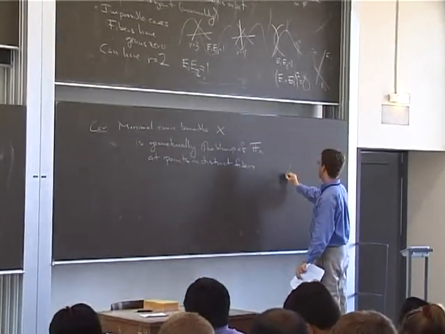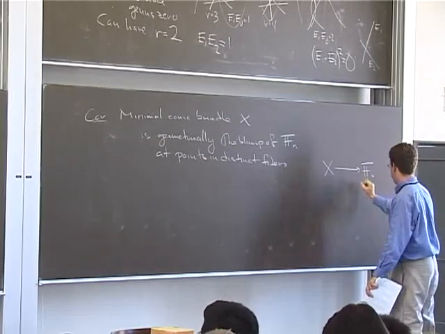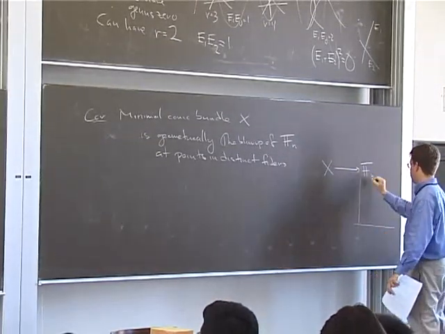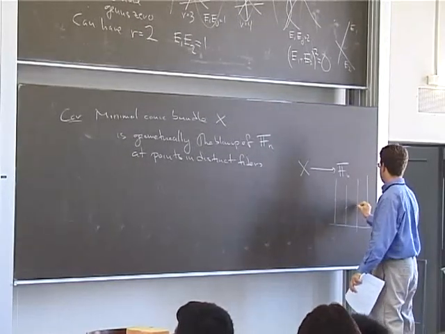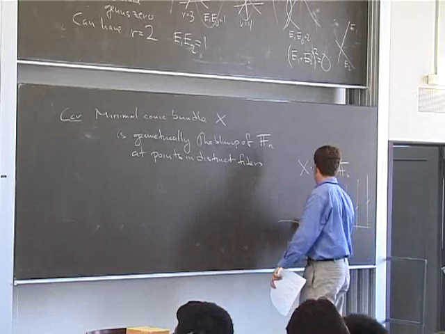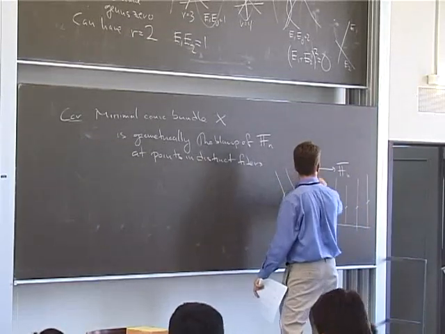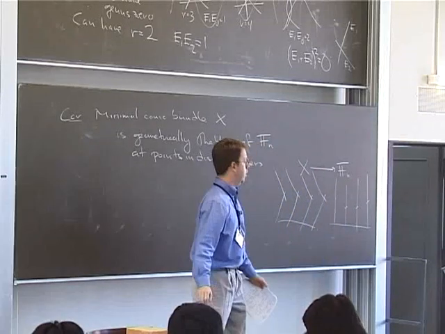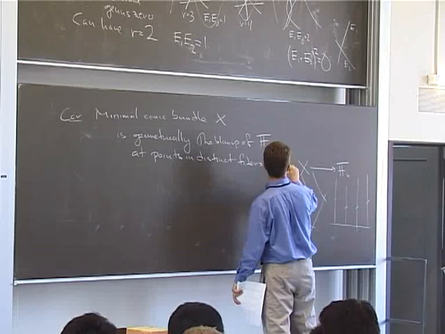So I have a map from X to Fn. I'm taking some points here and just blowing them up to get the conic bundle. So here I have my exceptional curves.